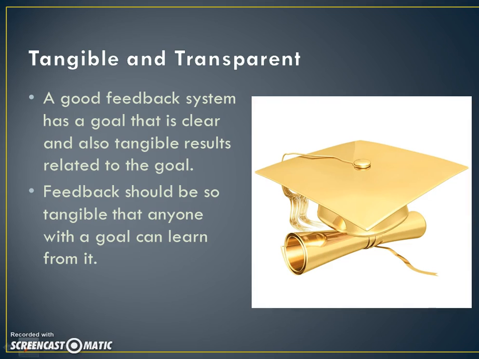Good feedback systems have goals that are clear and tangible, results related to the goal, and that feedback should be so tangible, Wiggins says, that anyone with a goal can learn from it.